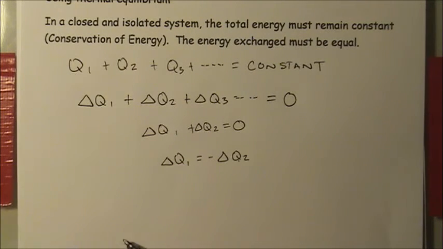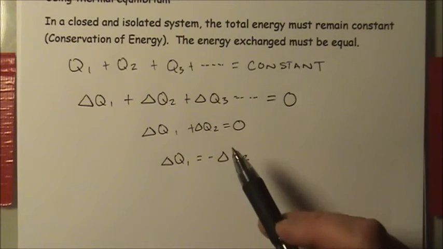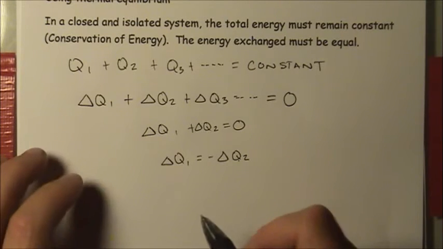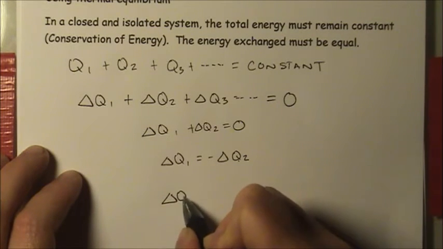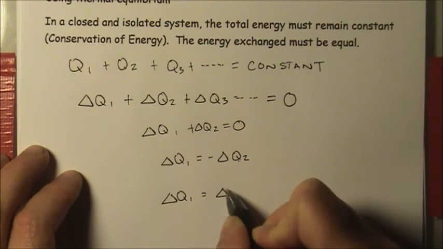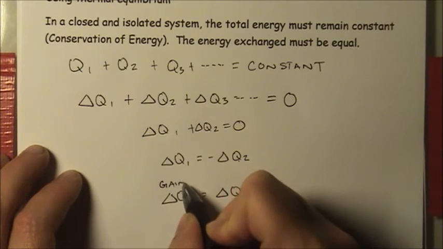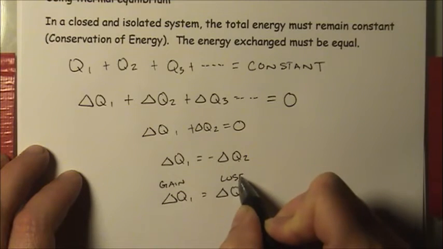One of them will be a positive change in temperature, one of them will be a negative change in temperature. So one thing that we may end up doing is simplifying this even further to just say that delta Q1 must be equal to delta Q2, just recognizing that somebody must have gained and somebody must be losing energy.